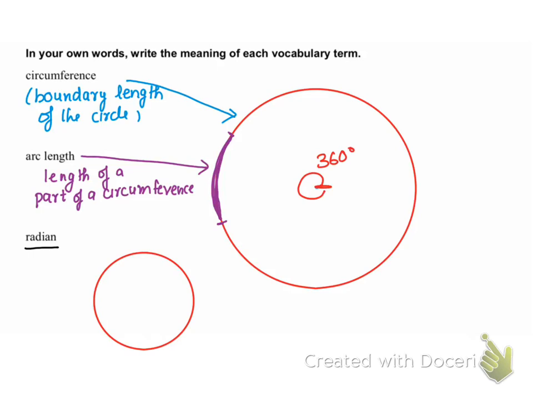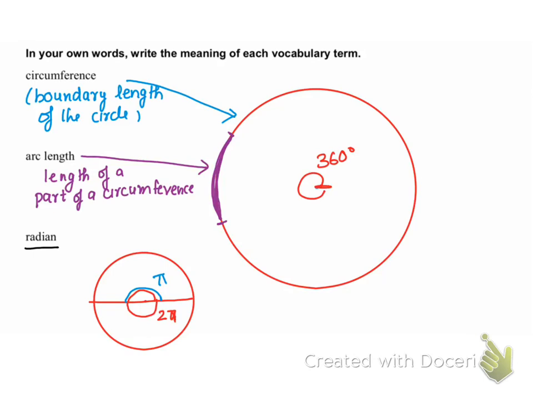And if you talk about radian, the total radian, starting from here to here, is 2 pi. And if you just talk about this much, that is pi. So that's radian, the measurement of the angle formed at the center.